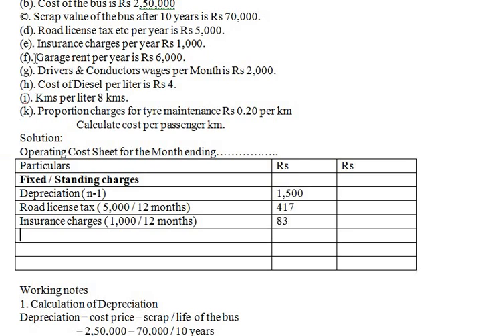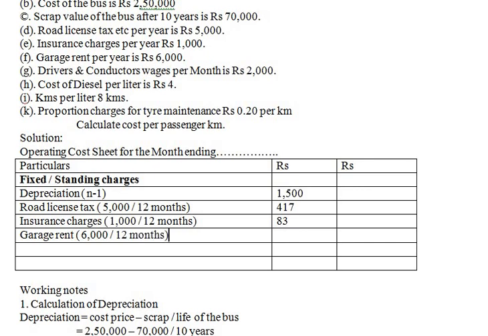Now next is garage rent per year, 6,000. 6,000 divided by 12 months.